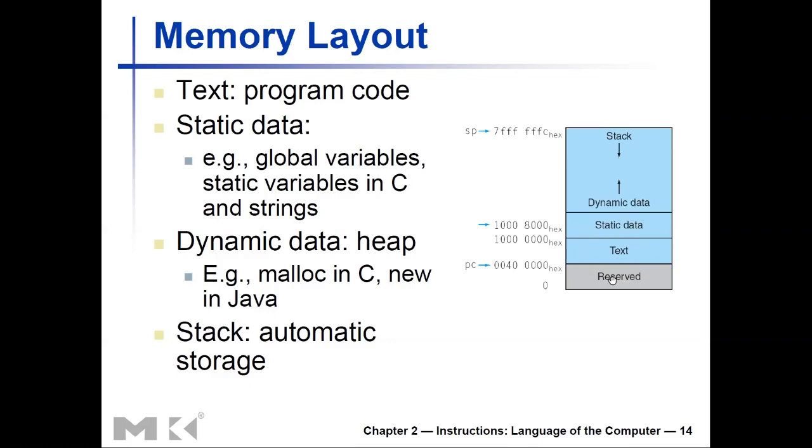And the static data, they are the global variables, static variables that you have seen in C. Also strings, those are constant values that are common to the full program. So static variables, global variables that are common to all the functions and the full program, those data, we are storing in this part of the memory.